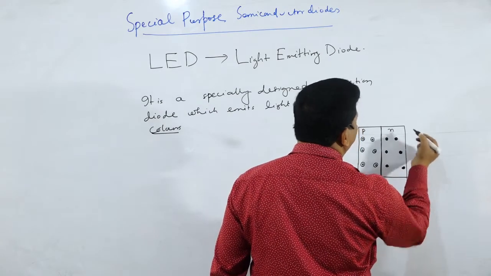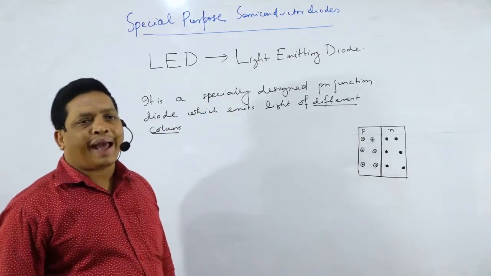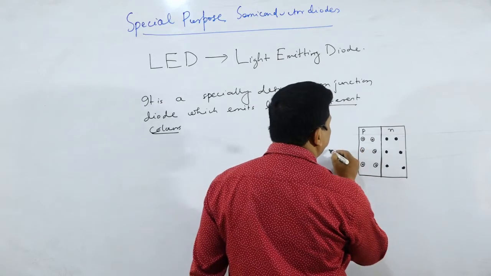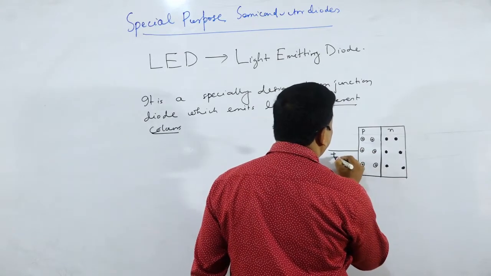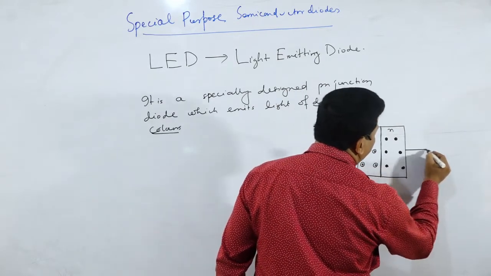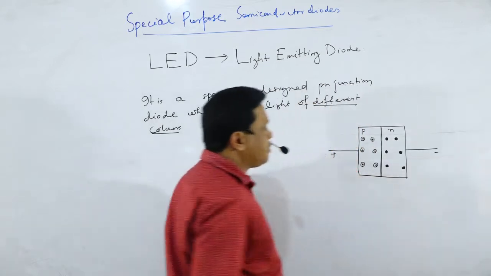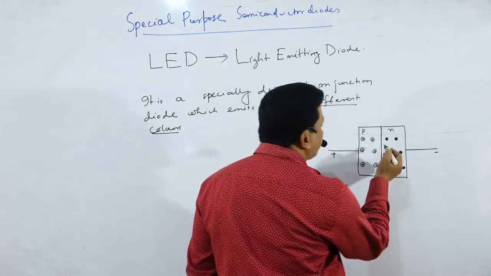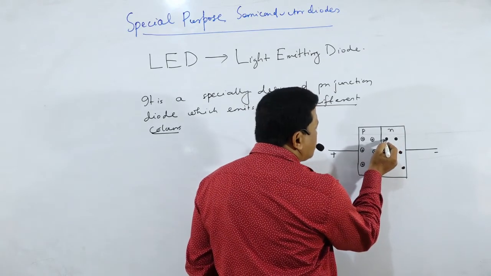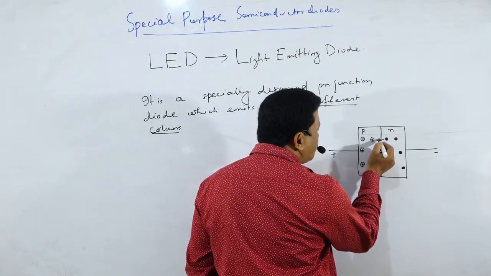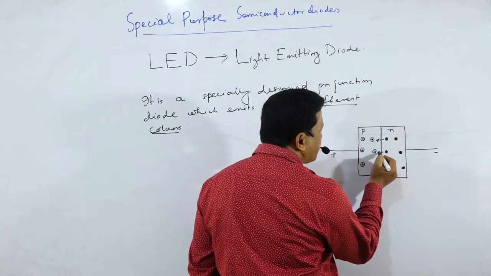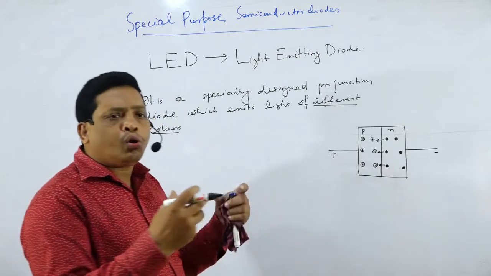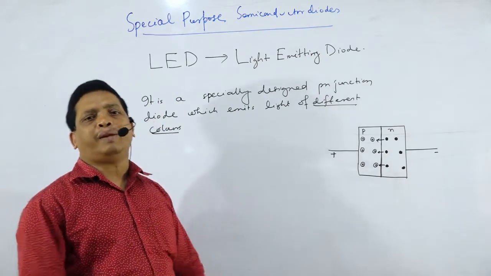Okay. Now when forward biased, that means P material connected with the positive and N material connected with the negative. So when forward biased, the electrons from N region move towards P region and electron hole recombination takes place.